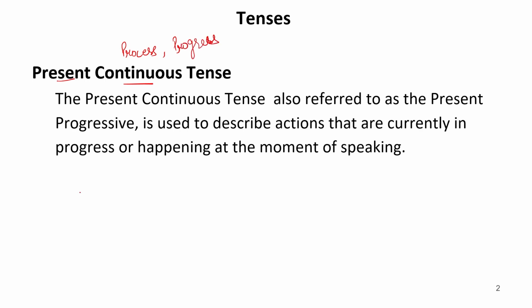So, present continuous tense shows the actions which are going on, which are in process right now. The present continuous tense, also referred to as present progressive tense, is used to describe actions that are currently in progress or happening at the moment of speaking.